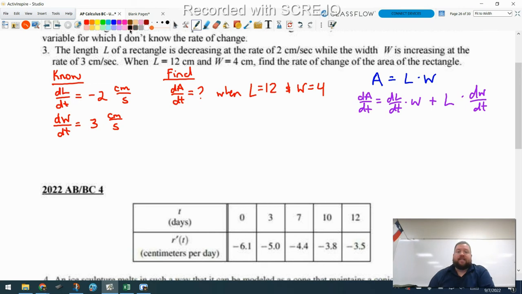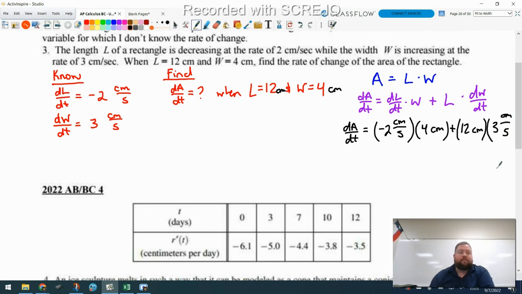Okay, we're trying to find dA over dt, so that's going to remain our unknown. dL over dt is negative 2 centimeters per second. W is equal to 4 centimeters. Okay, let me put my units on these up here. And then plus L is equal to 12 centimeters, and dW over dt is equal to 3 centimeters per second.